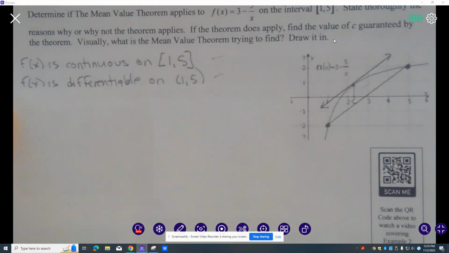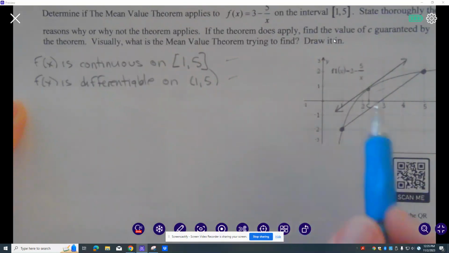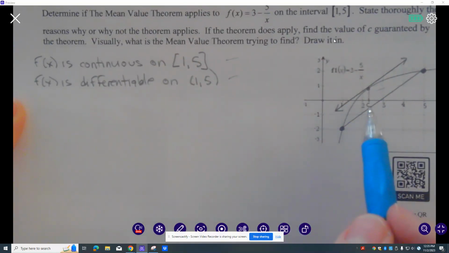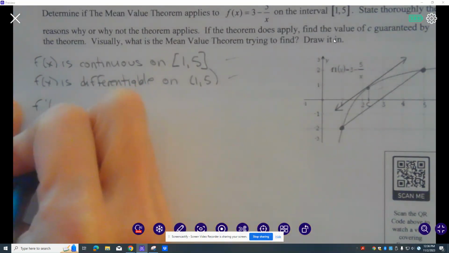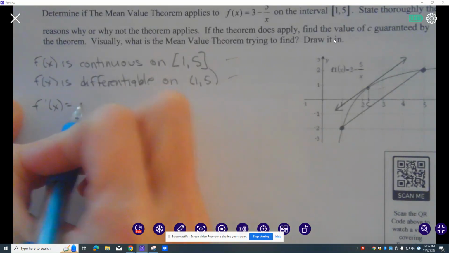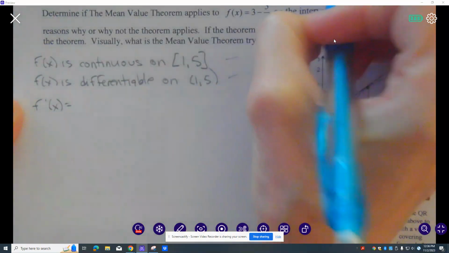So then it goes on to say, well, find that C value. So to find the C value, I need to do algebra 1 slope and derivative, set them equal to each other, and find that x value is what we're really going to find. So let's do derivative first. So f prime of x would be, you could write this function as 3 minus 5 times x to the negative 1.